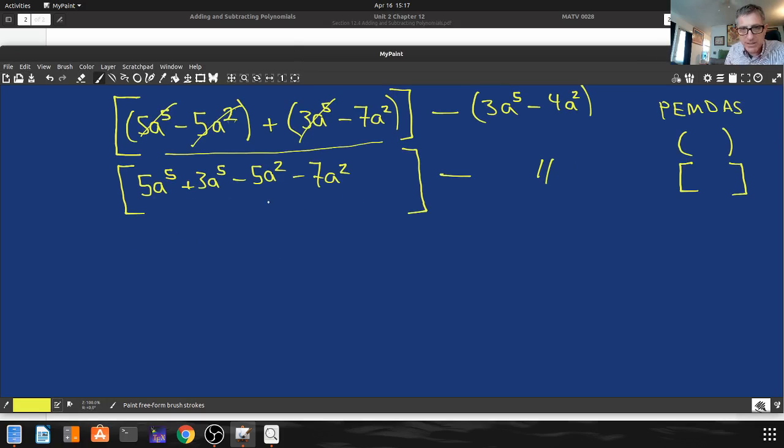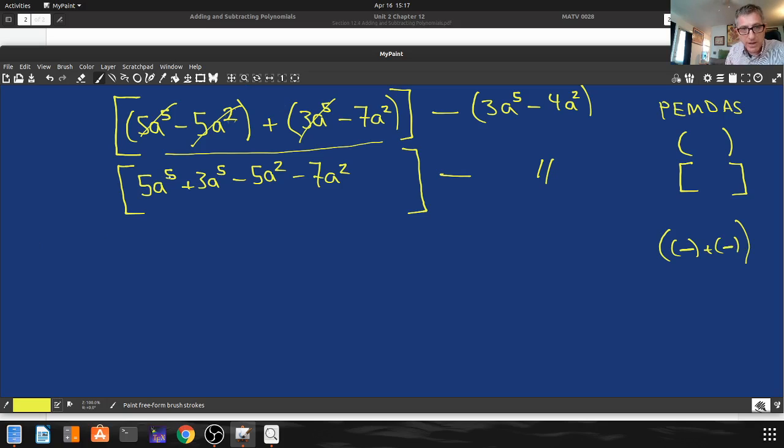So I'm going to simplify this over here. And if you wanted to, instead of writing brackets, you could have just used two types of parentheses, where this is my polynomial here, and this is a plus, and this is my polynomial here. It doesn't matter. Grouping symbols are grouping symbols.